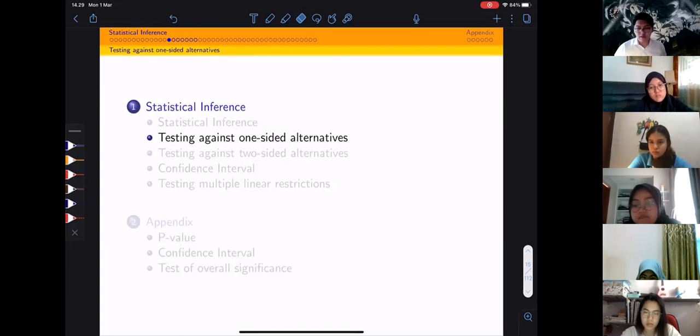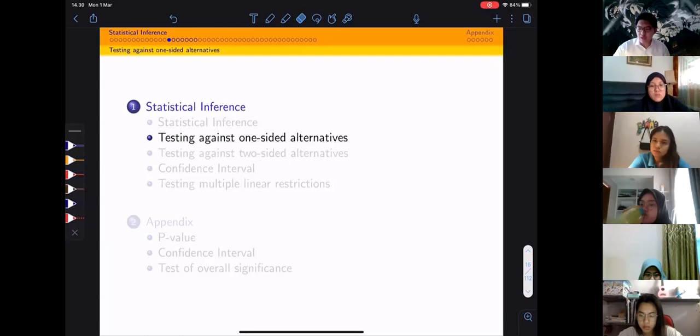Then in journal articles, we usually see rejection results mentioning that one result is supported at, let's say, the 0.01 significance level, or maybe at the 0.05 significance level, and at the 0.1 significance level.